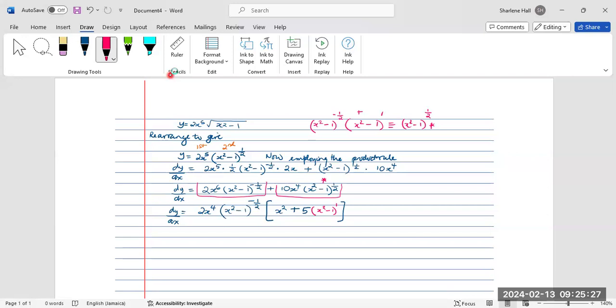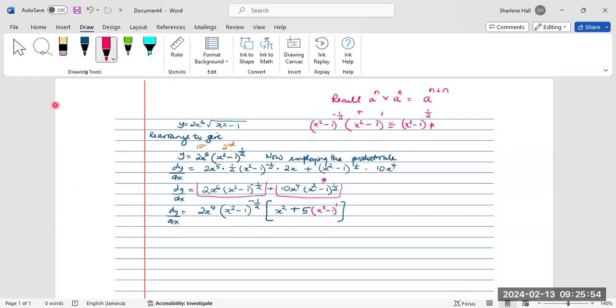So I had to multiply by the 1. Remember, a to the m multiplied by a to the n is equal to a to the m plus n.